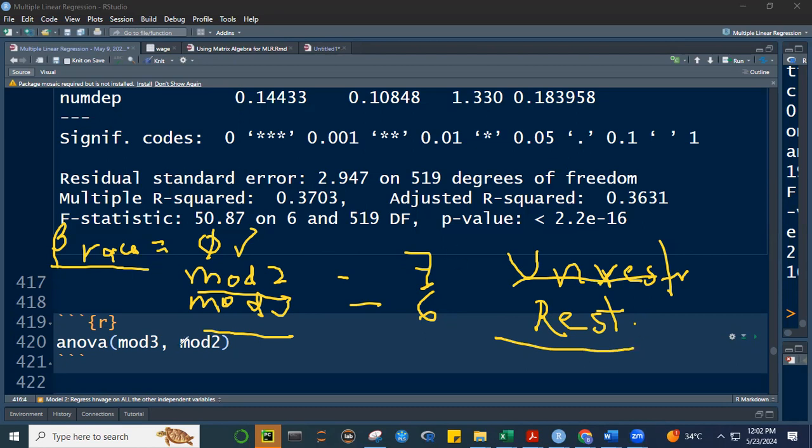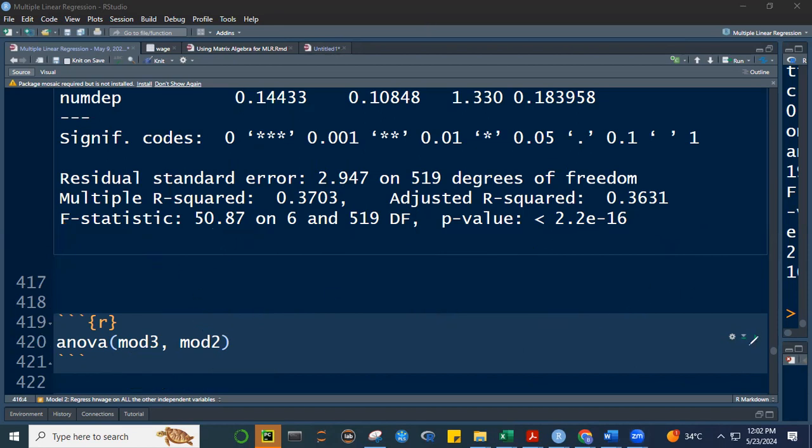So the function for that is this one, ANOVA, analysis of variance. Model 3, which is your restricted, and model 2, which is your unrestricted. Okay, let's run that, please. ANOVA, model 3, model 2.